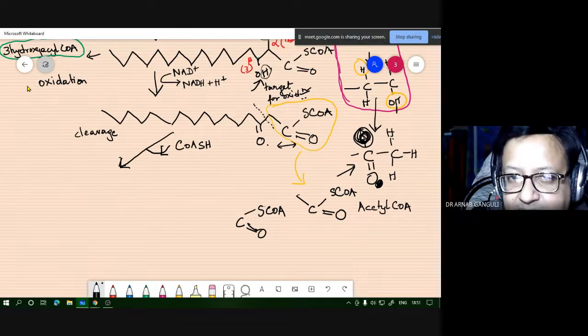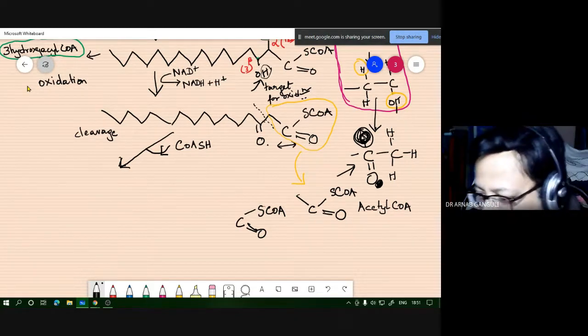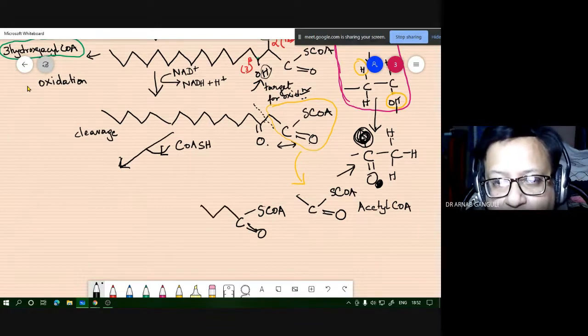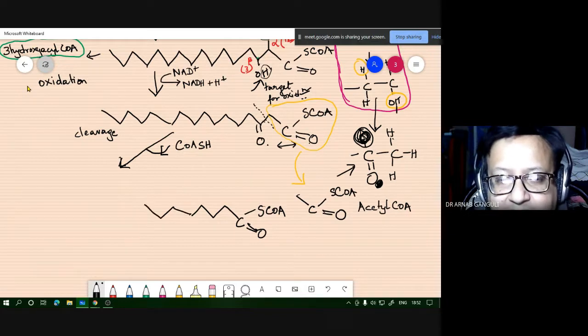This part, this O, another SCoA is going to attach to this carbon. And these 2 carbons have gone. Now you have 14 left: 1, 2, 3, 4, 5, 6, 7, 8, 9, 10, 11, 12, 13, 14.